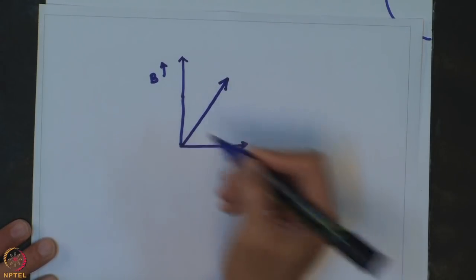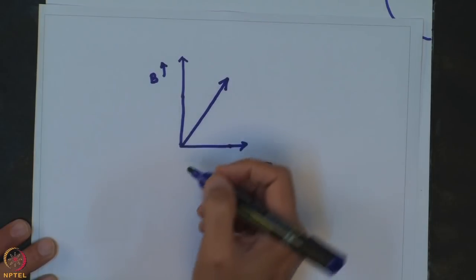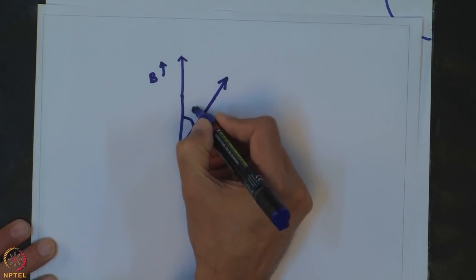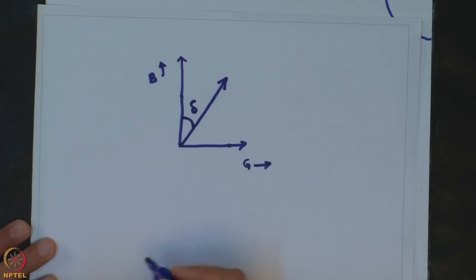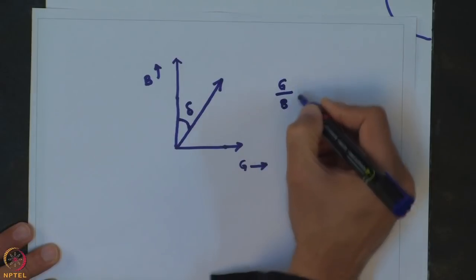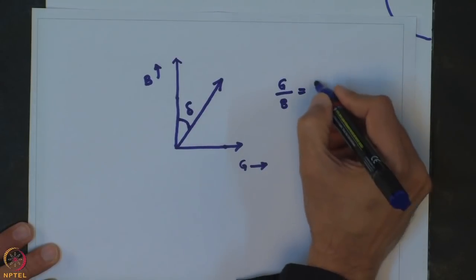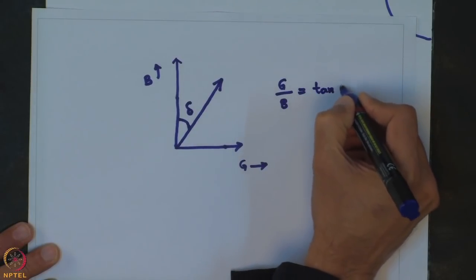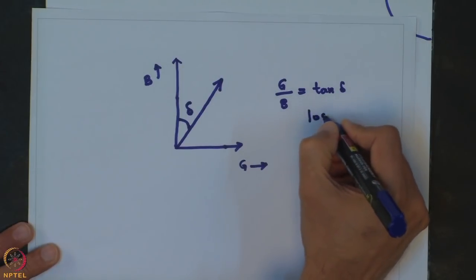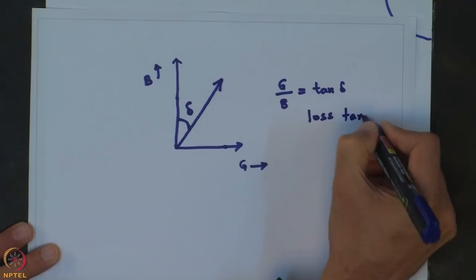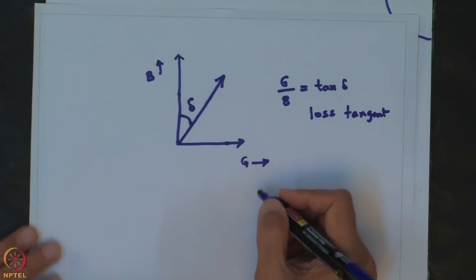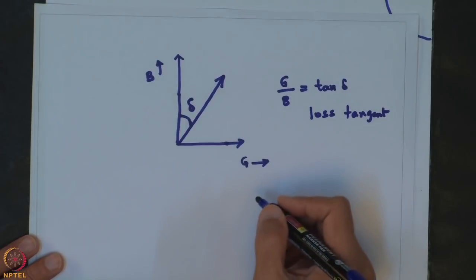If we denote the angle between the resulting admittance and the y axis, that is B, by delta, then G by B is equal to tan delta, which is also called the loss tangent, and is a measure of the losses in a capacitor.